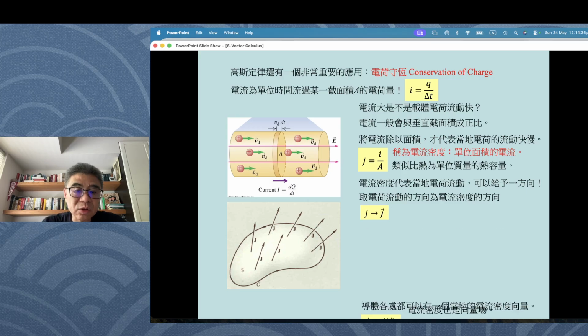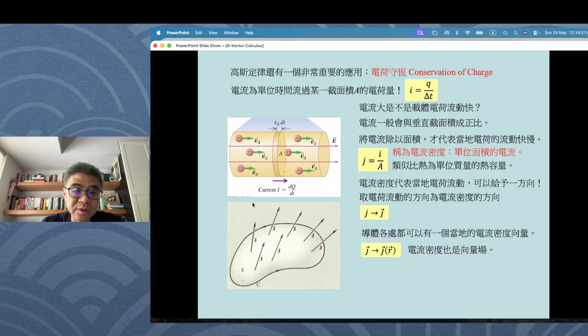Also, because I can do the same thing at various points in space, this J is also a field. It's a vector field. And it could be proven that this J vector is actually equal to the density of charge times the velocity vector of the charge moving.